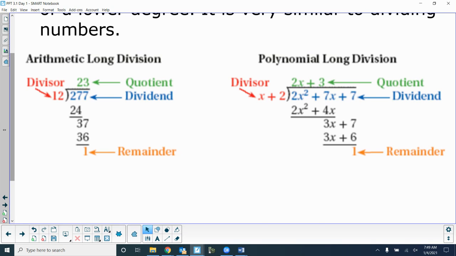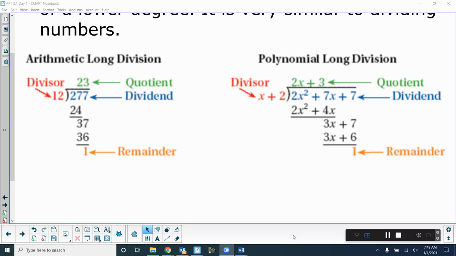I got to fix this so you guys on the side don't have to crank your neck. So that's where this green 2 comes from. 27 divided by 12 is 2, so that 2 goes up there. Then I take this 2 and I multiply it by the 12 to get this 24 here under the 277.